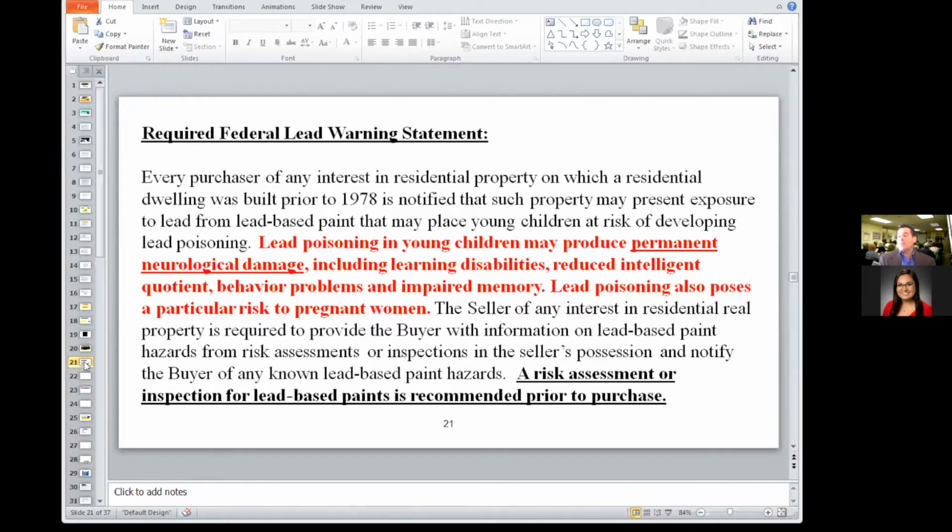And a risk assessment or inspection for lead-based paint is recommended. So if people ask you what you would do, well, the form says that the federal government and the state recommend it. The state and the federal government recommend a lead inspection, so I would recommend it too. I'm not going to contradict what they're recommending.